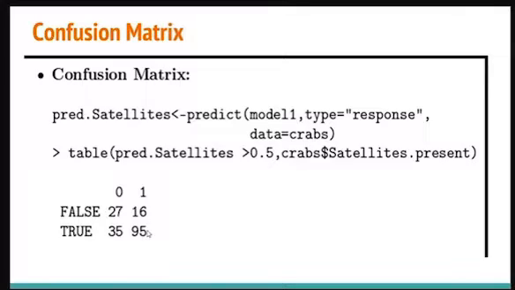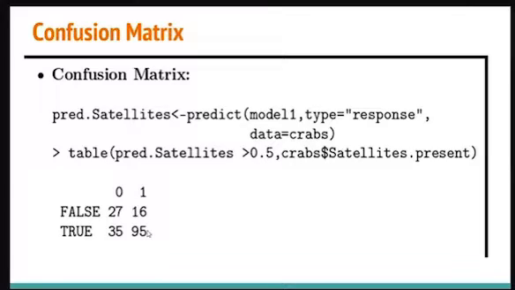Now, when I have 0, 1, then I'm going to have true here, and I'm going to have false. Now, take a look at that. This is what happened in reality. This is what our model predicts. Now, look at this.